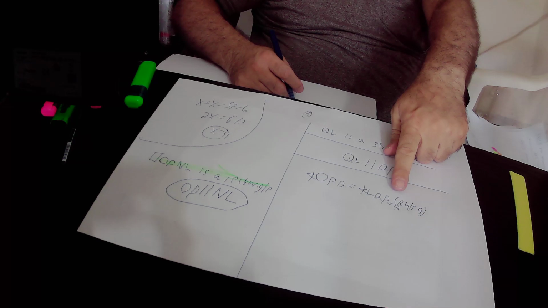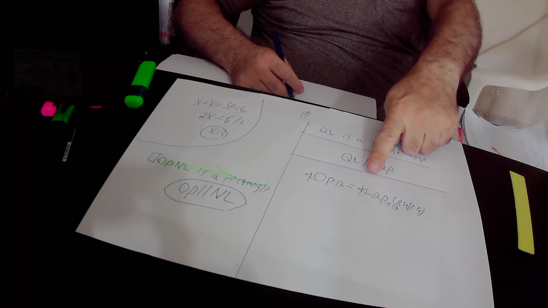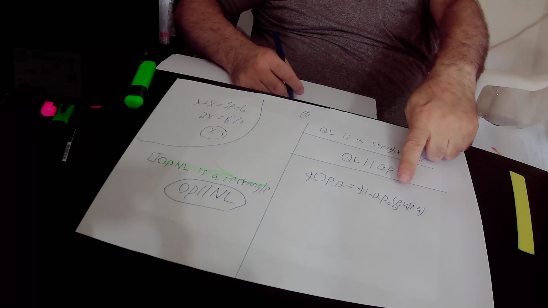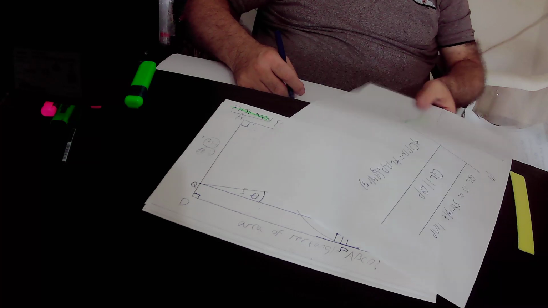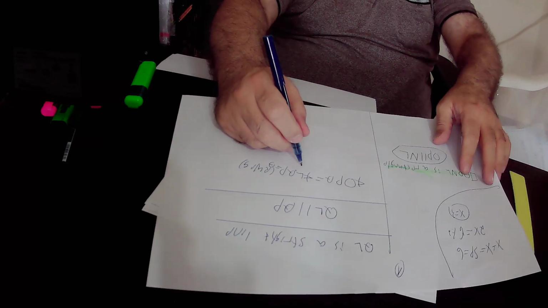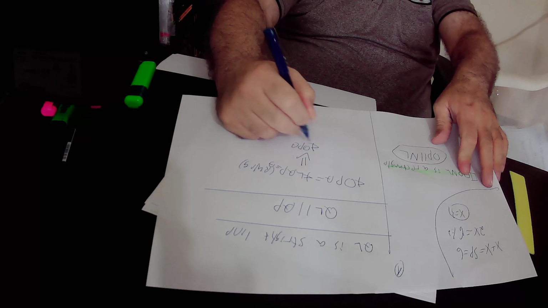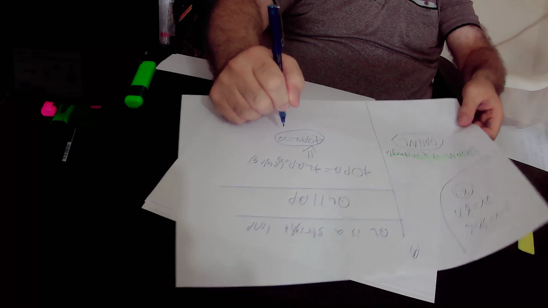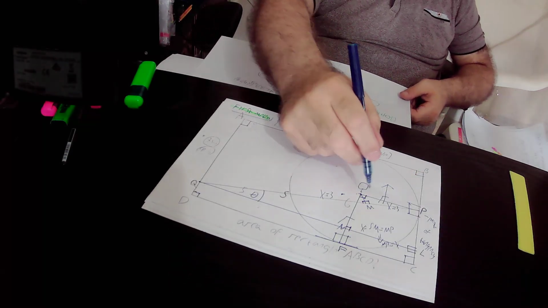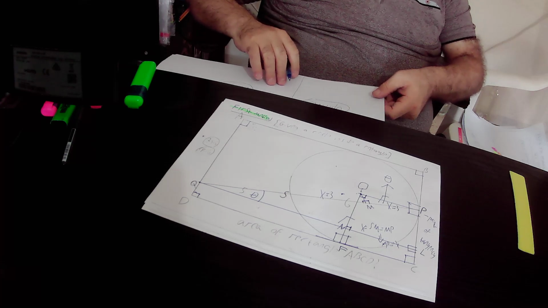And from this equation, angle OPQ equals angle LQP equals theta, we derive that angle OPQ is also equal to theta. This angle OPQ is also equal to theta. Okay.